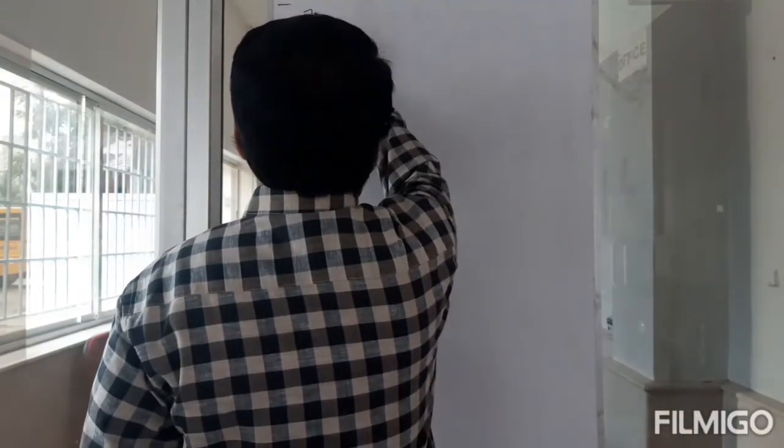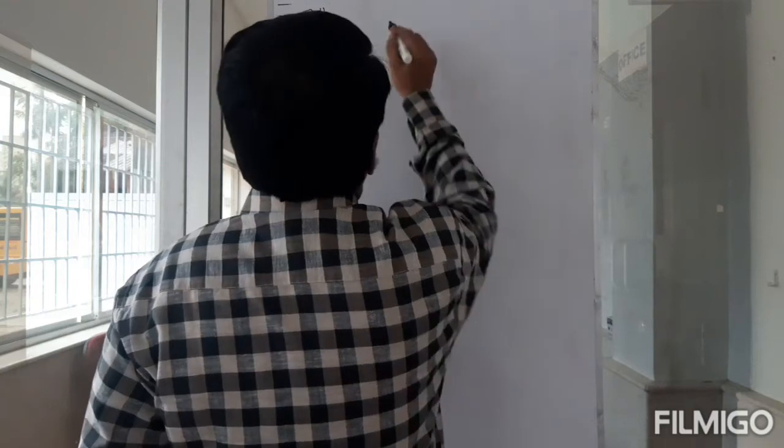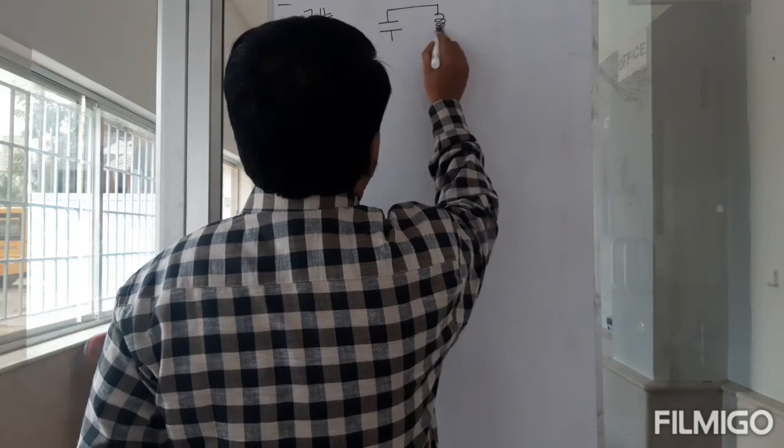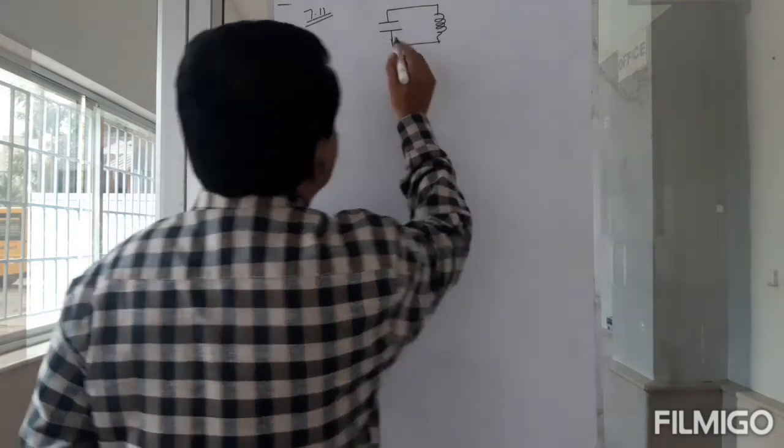Show that in the free oscillations of an LC circuit, the sum of the energy stored in the capacitor and the inductor is constant in time. Okay, let's see. This is 7.11. I have the capacitor and the inductor circuit.